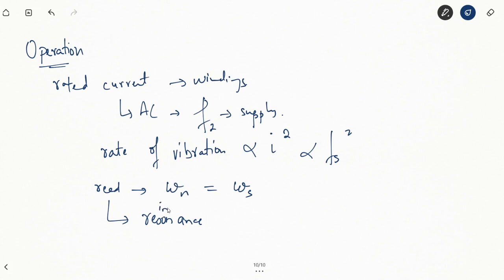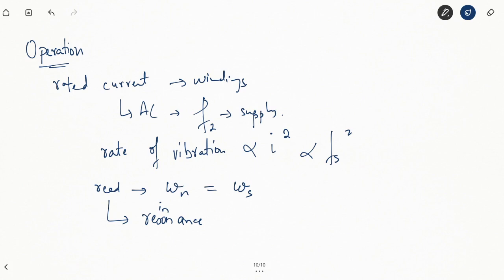That particular reed will be in resonance with the electromagnet, and that means it will have the maximum amount of oscillations. So each and every reed will be oscillating depending upon its natural frequency, but the reed whose natural frequency is equal to the supply frequency will be in resonance and vibrate the most.